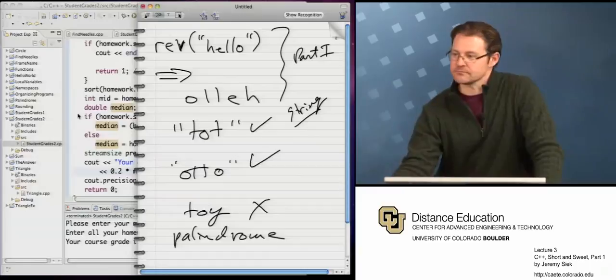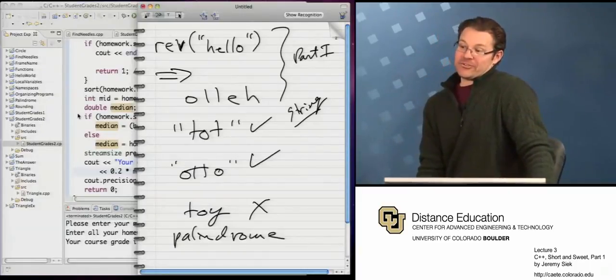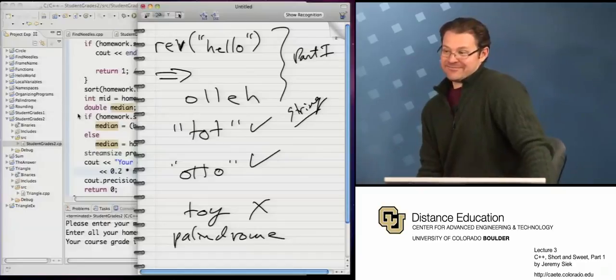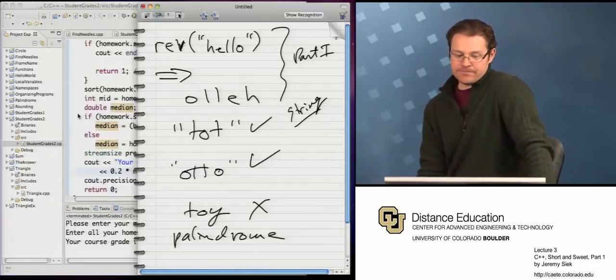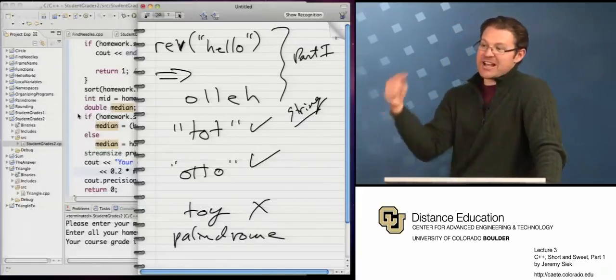Can you operate on the characters in a string as elements in a vector? Yes, that's a good question. You can use the bracket operator on your strings, just like vectors, and you get out a character. And you can also assign into a string using the bracket, which is something I didn't show you.